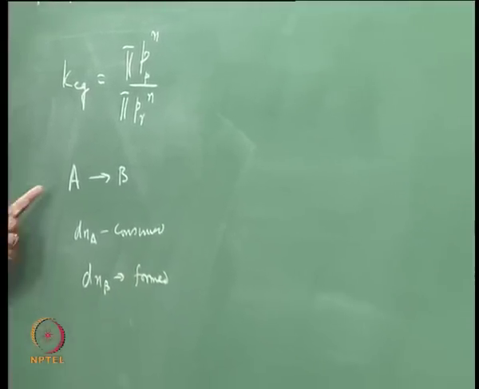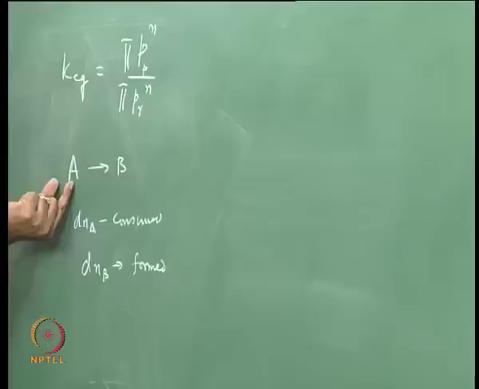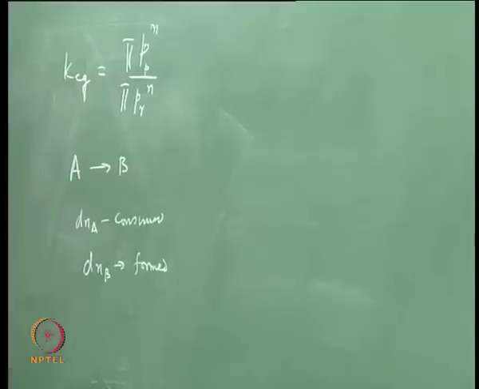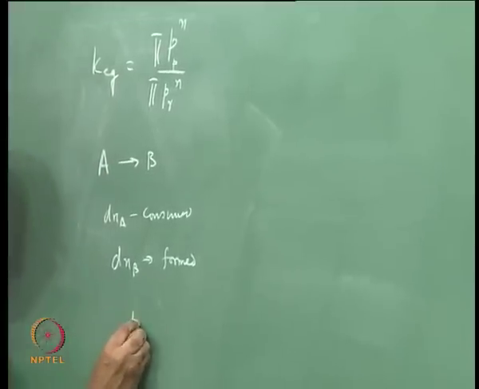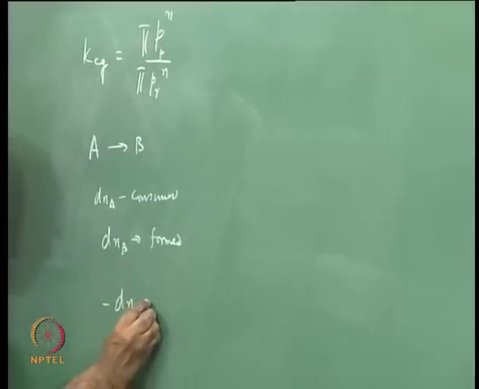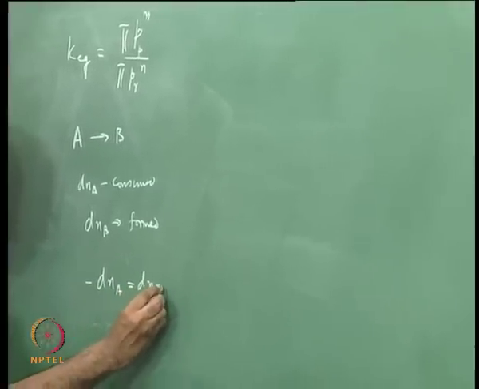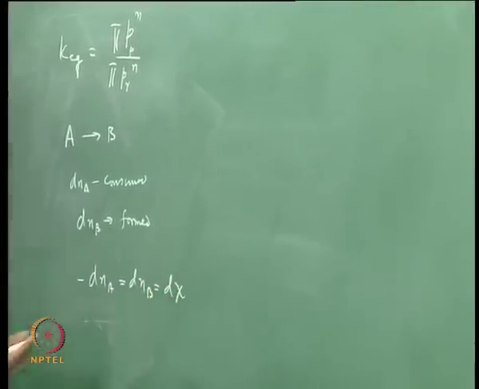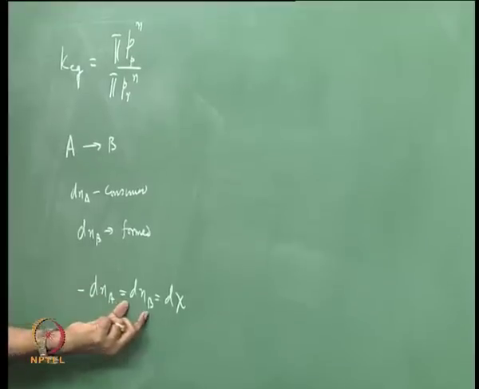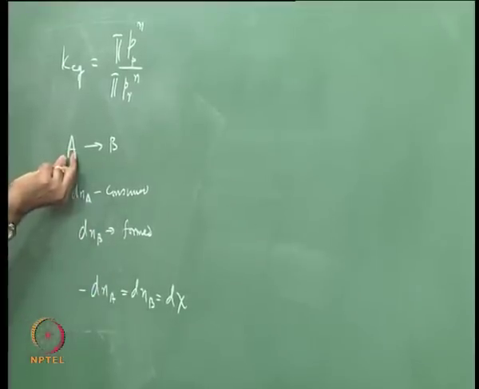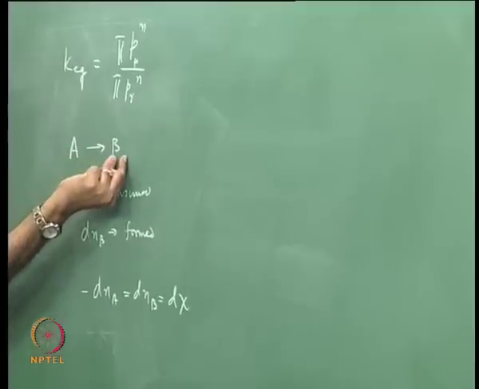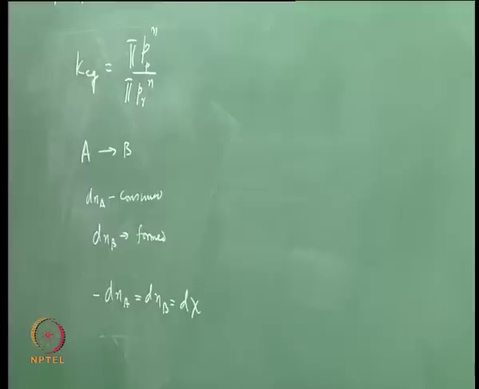But since it is 1:1, the number of moles here is 1, and here is 1, therefore minus dNA is equal to dNB, which I say is d chi, because the magnitude has to be the same. If I remove something, that must get manifested here, therefore it is equal to d chi.